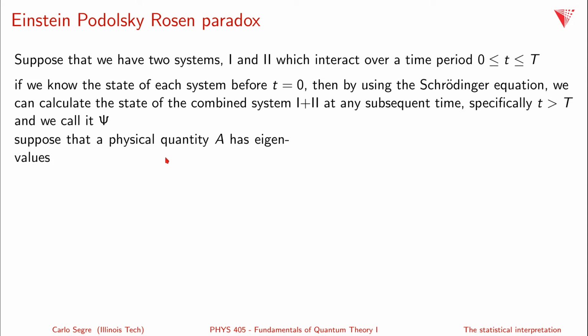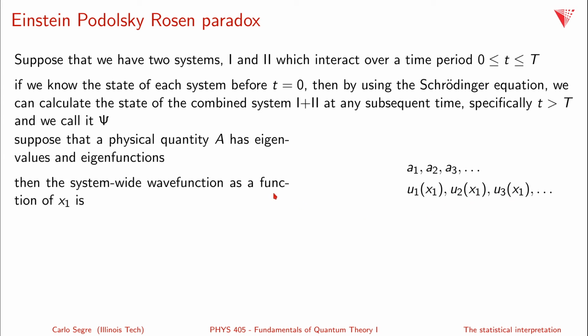So now let's suppose that you have a physical quantity A, any operator that has some physical meaning, with eigenvalues A1, A2, A3, and so on, and eigenfunctions u1 of x1, u2 of x1, u3 of x1. That's in system 1. So the subscript here is the system, and the subscript here is the eigenvalue number.